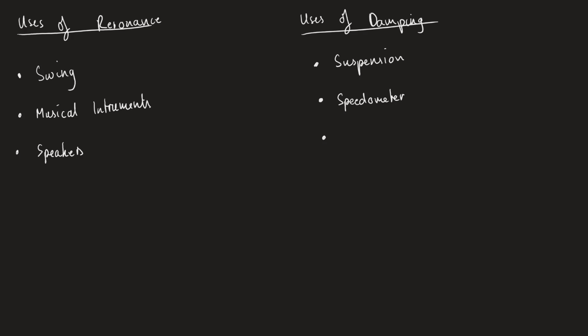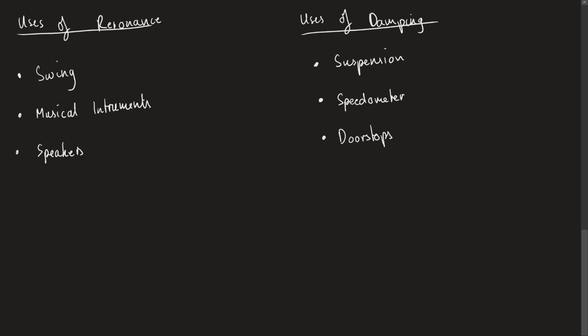Some of them will swing back and forth when you close them if it's a two-way door. Some doors don't have any at all. But you can use a door stop to slowly bring the door to a close, and that would use heavy damping, because you're going to basically slow down the oscillation so it goes slowly, rather than where critical damping is where you try and get it as fast as possible. So door stops.